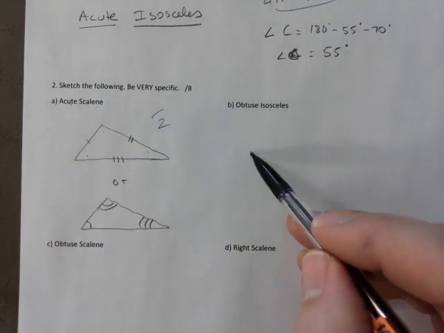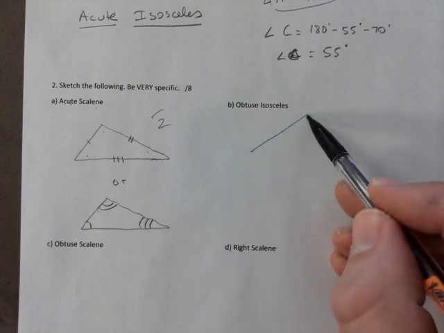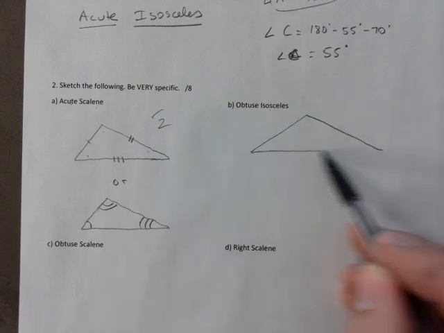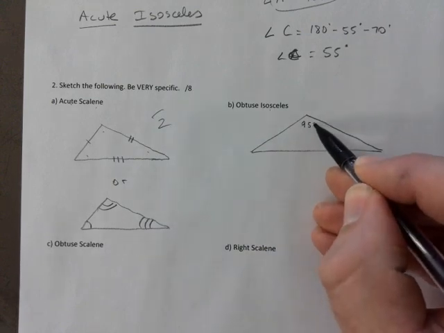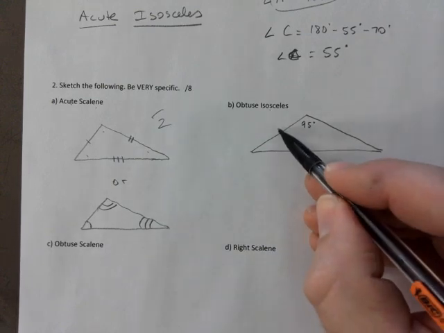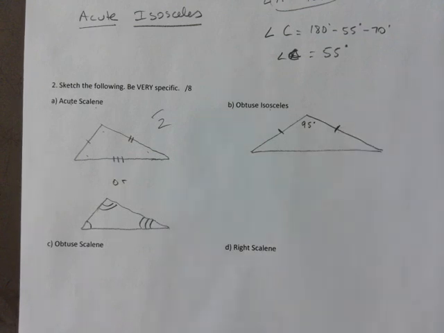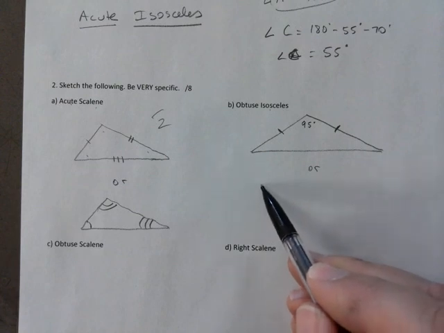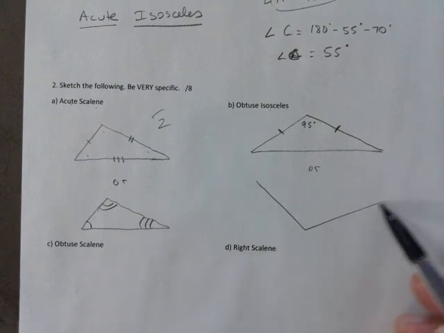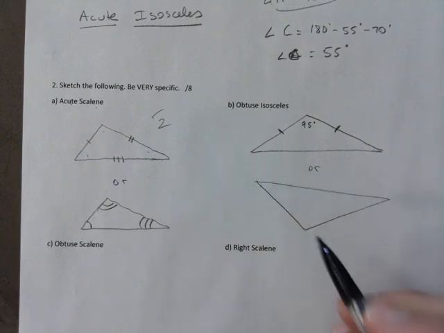Obtuse isosceles. My favorite is just to make a roof, right? And I'll just make sure this is like a 95 or something, right? And I'll just put these 2 markings down like that. I would accept that. Or you can make something like this.